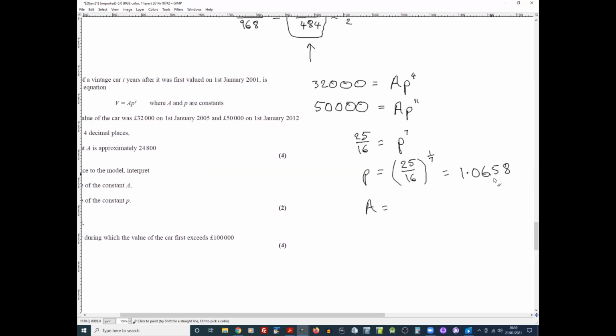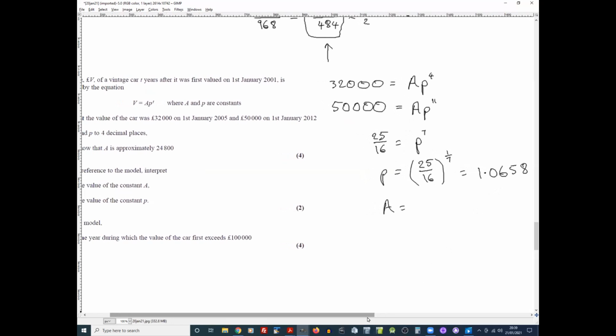And then they want A, which should be that value to the nearest £100.